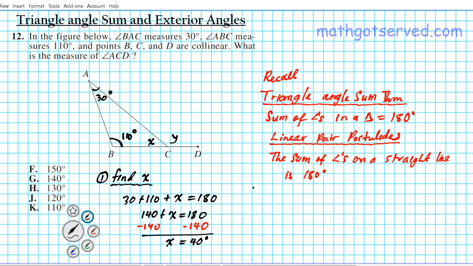Now the second part is we want to find Y. To find Y, we're going to use the linear pair postulate. Angle X and Y are a linear pair, so it follows that X plus Y is equal to 180 based on the linear pair postulate. We substitute the value of X, which is 40: 40 plus Y equals 180.